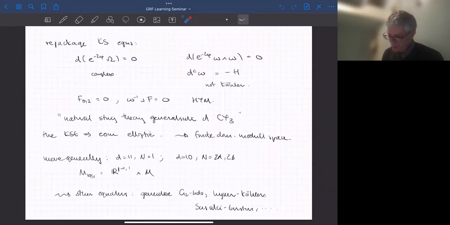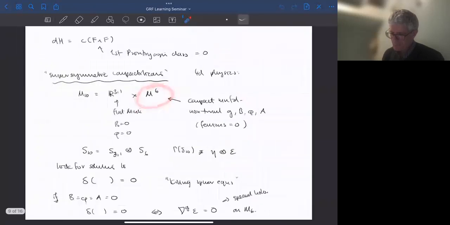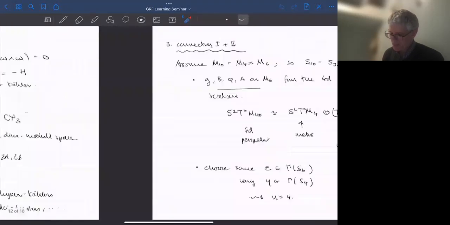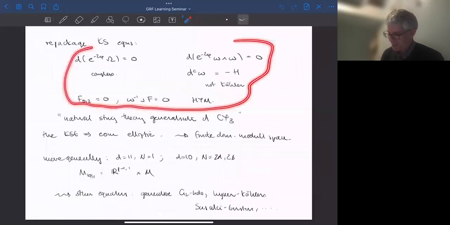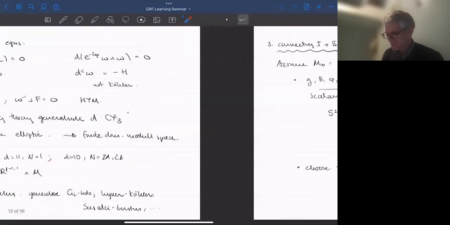But the point was that you could equally well think about this in the four-dimensional language and think about the internal fields, the fields living on this space here, as being like an infinite set of these chiral multiplets I talked about before. So I should be able to think of the objects appearing here as parameterizing some infinite dimensional Kähler space and think of these conditions as F terms and D terms.